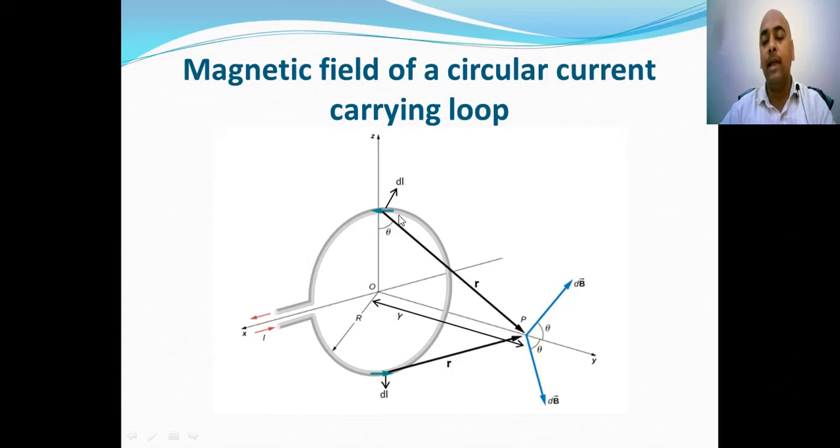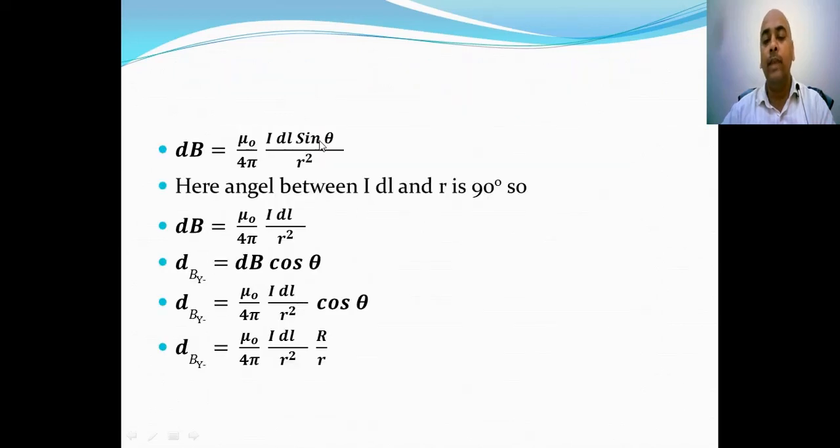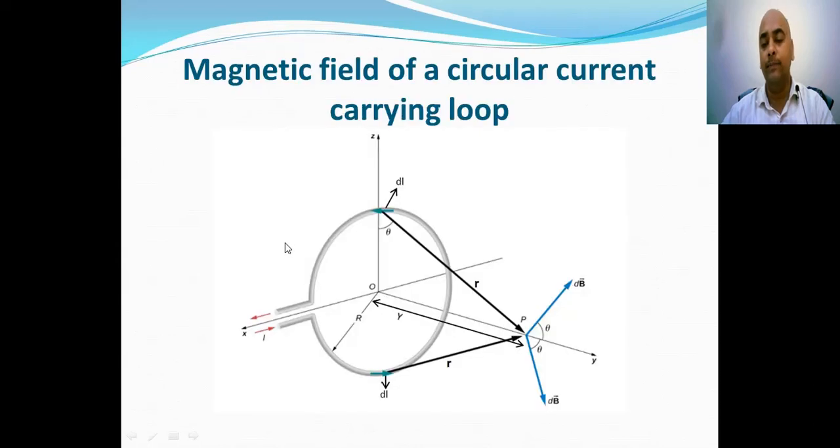This angle, as shown in the slide, between the radial line r and the vector I dl is 90 degrees. So we can say that sin 90 is 1. So the magnetic field dB due to the small element is μ0/4π · I dl / r².